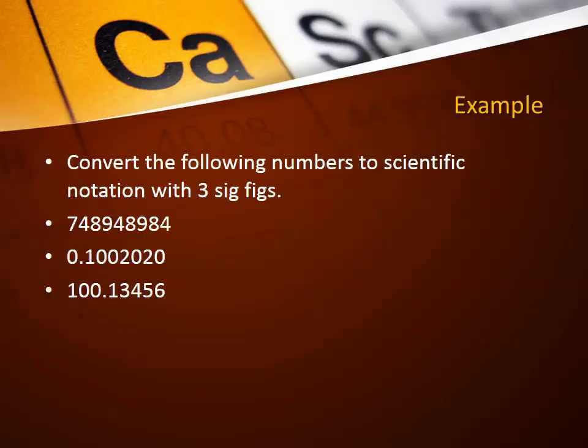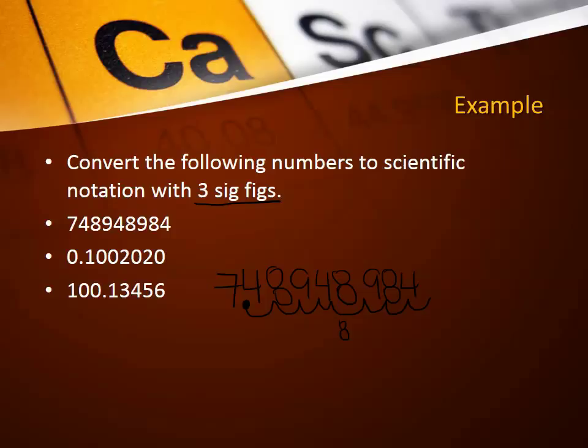So let's get some practice. All of these are to be with 3 sig figs. So 7, 4, 8, 9, 4, 8, 9, 8, 4. Our decimal is currently here because I don't see it anywhere else, so it's going to be after it. The only place such that we can have a decimal where there's only one non-zero to the left is here. So we need to move our decimal 1, 2, 3, 4, 5, 6, 7, 8 spaces.